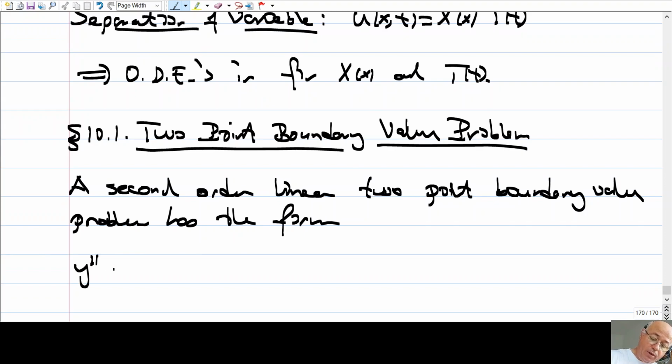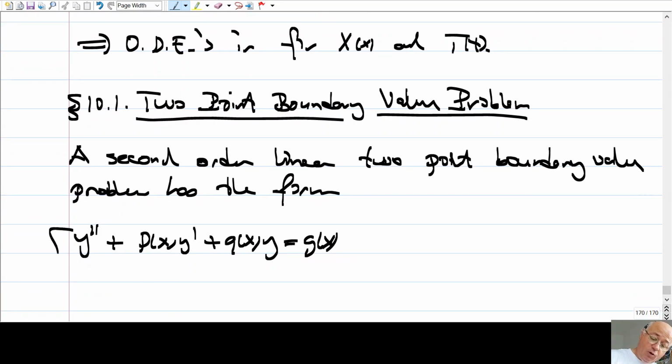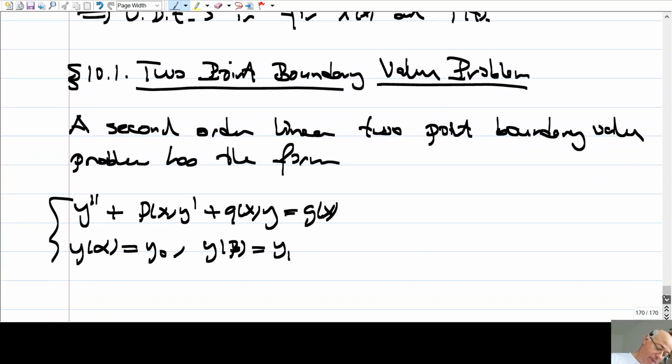So a second order equation as usual, but instead of initial conditions, we have so-called boundary conditions. So we have an interval. At some point, the function takes some value. At the other point, the function takes some other value.